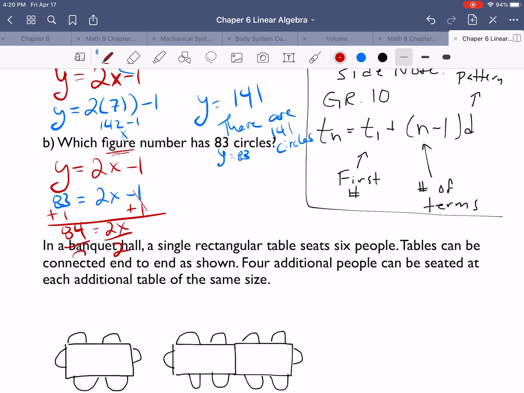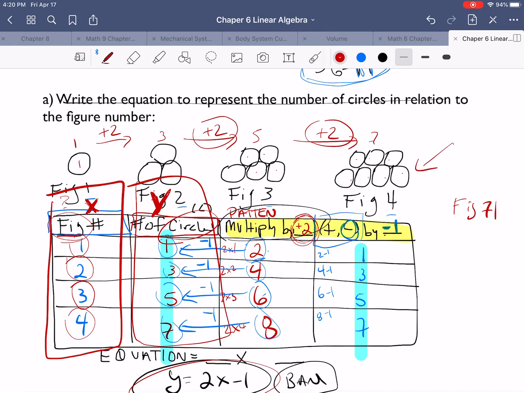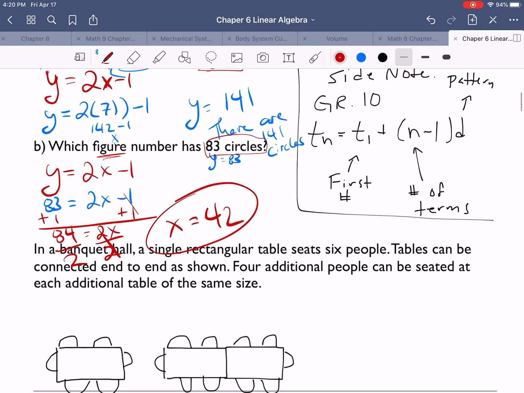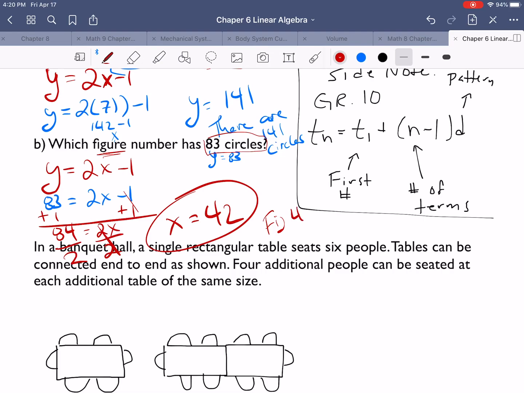Divide by 2. X is going to equal, in the end, 42. So the figure number that has 83 circles in it is figure number 42. That's how you figure that out.